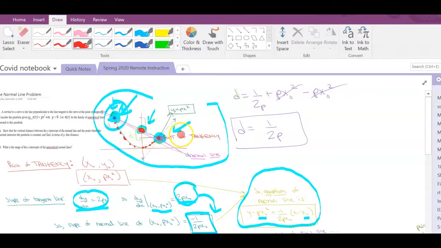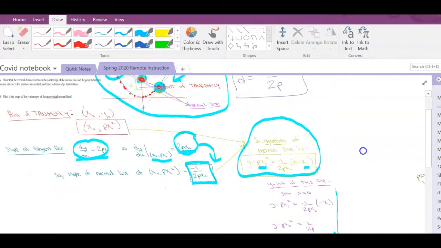It seems that as the point of tangency gets closer to 0, the normal line gets very close to vertical. So as x naught approaches 0, it seems the y-int of the normal line approaches positive infinity, maybe. But then what happens as x naught approaches positive infinity?